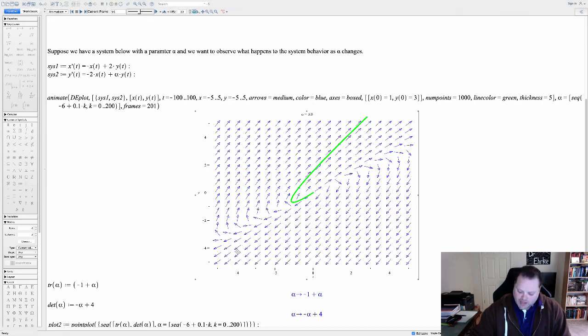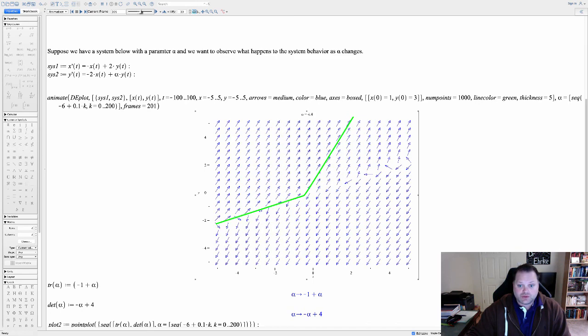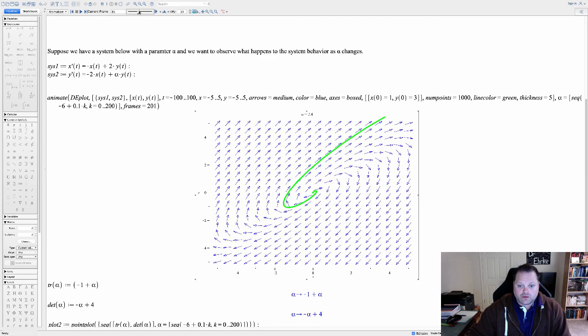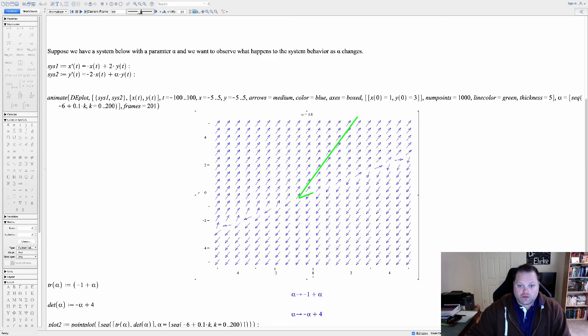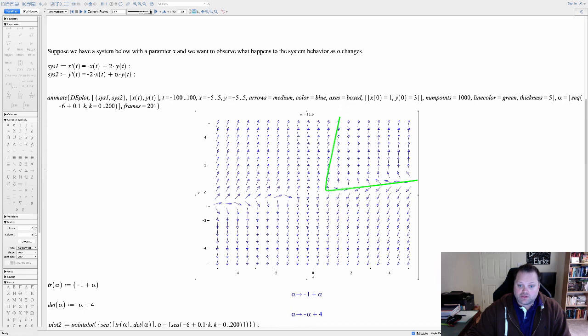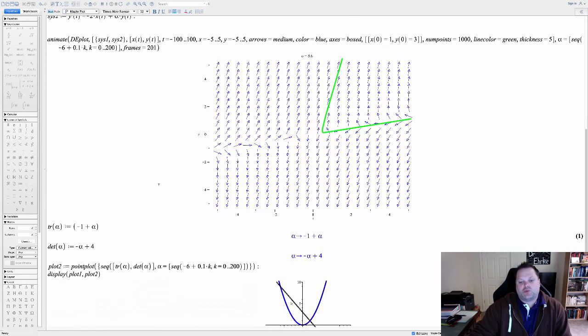And then once it gets past alpha equal to 3, we should have a nodal source. So right there, just briefly, you've got the nodal source. And then if we push it past alpha equal to 4, you have a saddle. So you can clearly see the saddle behavior there forming. So those are all the different parts.